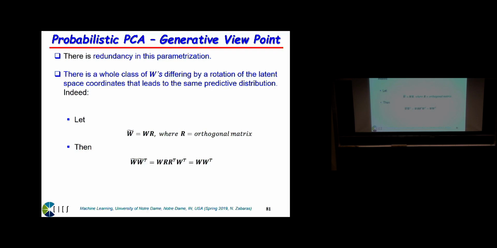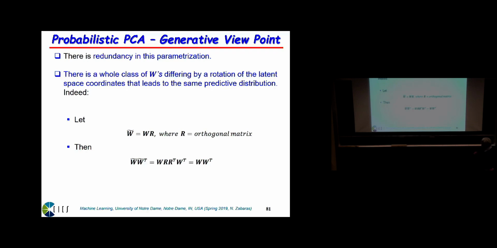All right, here's a problem we have. Obviously, if we're going to do maximum likelihood, or some other way to calculate W and sigma squared, we are going to have to ask, is W unique? And the answer, unfortunately, is no, it's not unique, because if you rotate W, that means if you rotate the latent space, because W operates on the latent space, so if you rotate W by W times R, where R is some orthogonal matrix, you can see the new WW transpose is the original WW transpose.